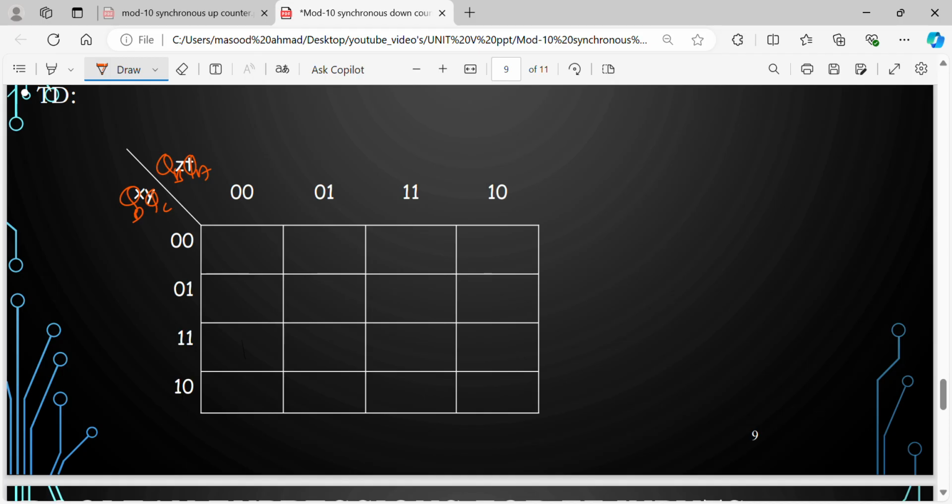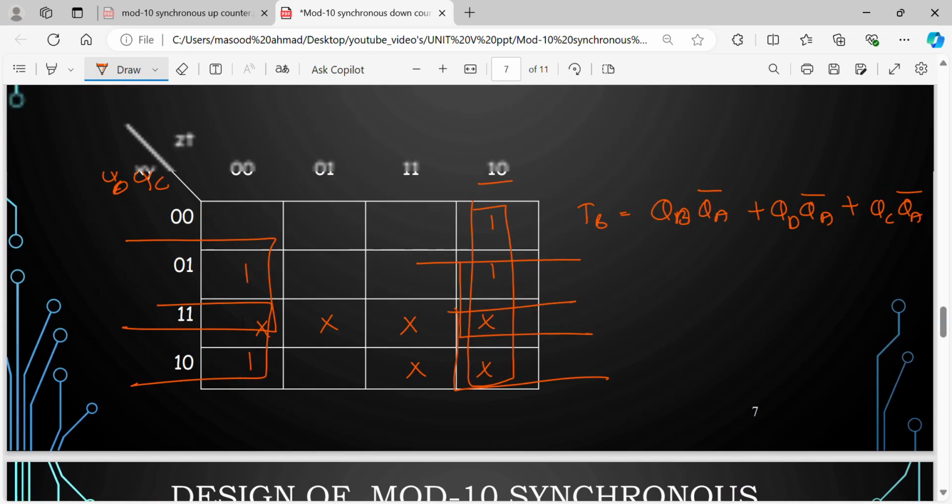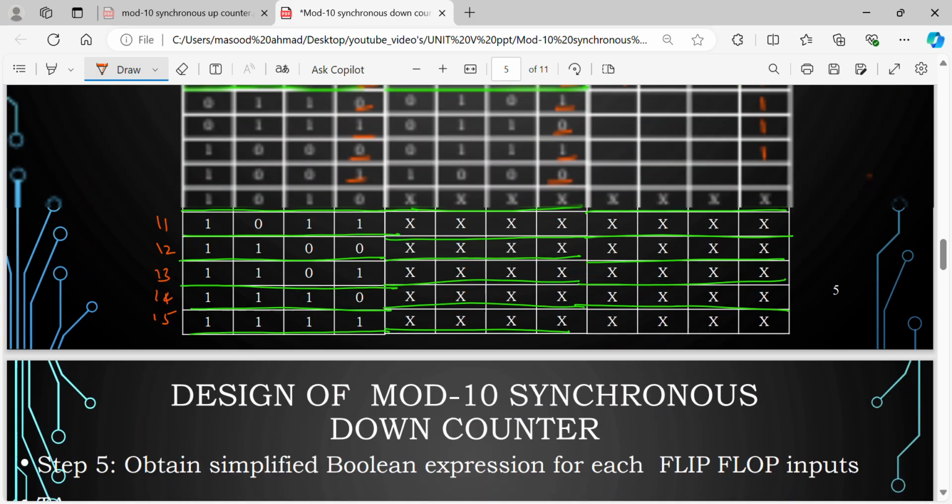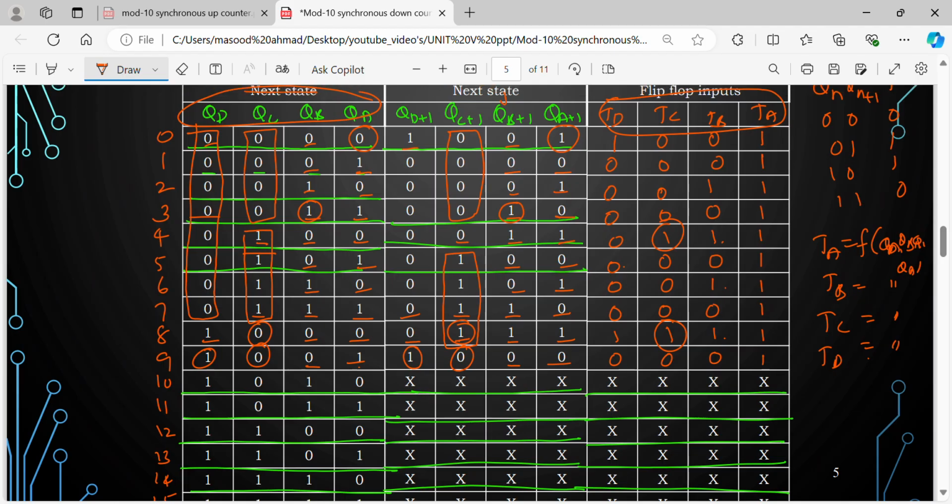Now we know these are the don't care terms for this table, and it is 1 for what? QD is 1 for, you can check it here, for 0 and also for 8.